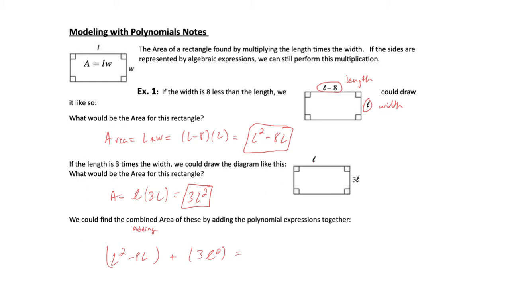So our area is equal to 4L squared minus 8L. All right, so that's the first example about finding areas with variables as your length and width, and how to set them up, where it's like 8 less than your length, or 3 times your length, or 3 times your width.